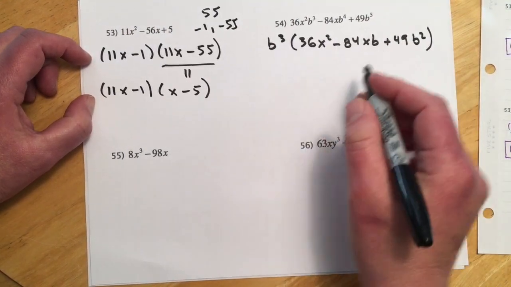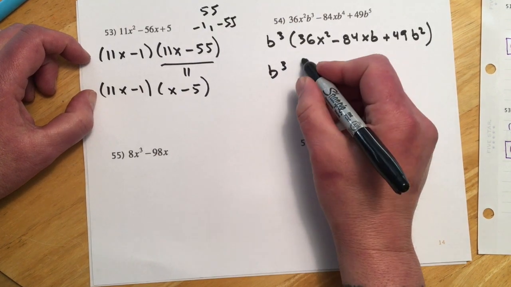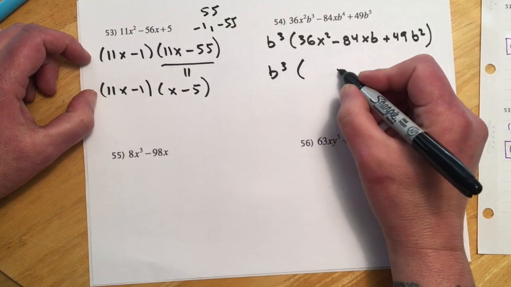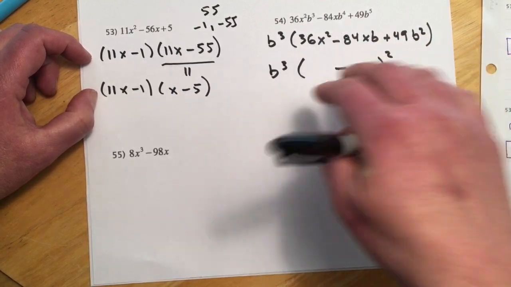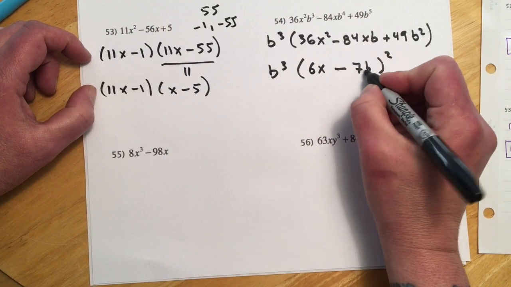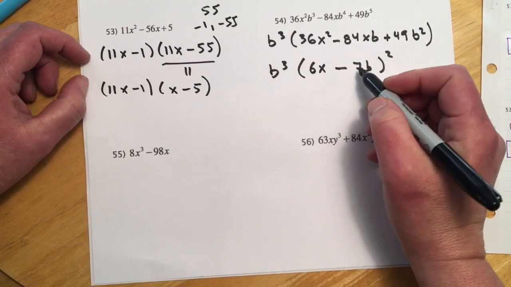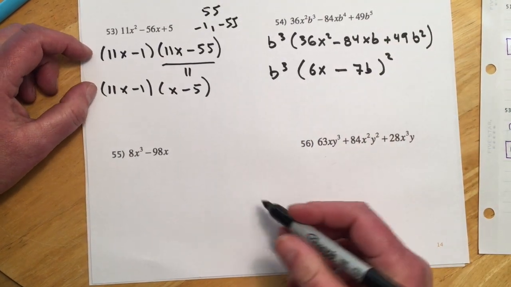And now I can see the squares on the ends, so that means we're in 5.4. And we'll just do b cubed. Remember, since this is a minus, it'll be a minus. The squares on the ends take this form, so double negative. And 6x, 7b. If we go 6 times 7, that's 42xb, double it, and there's our 84.